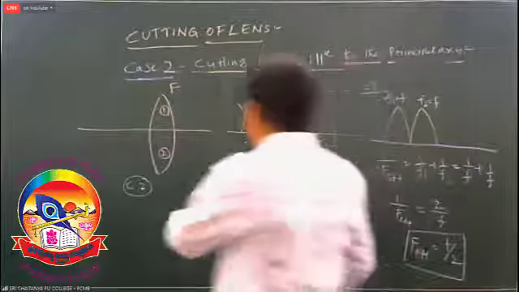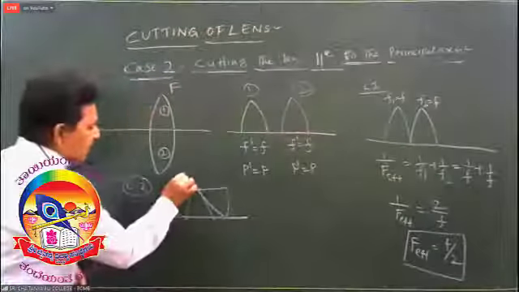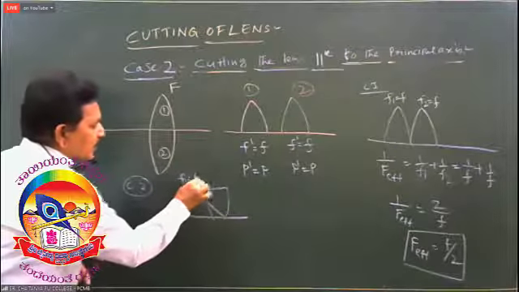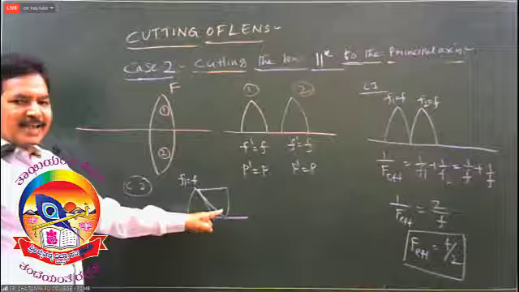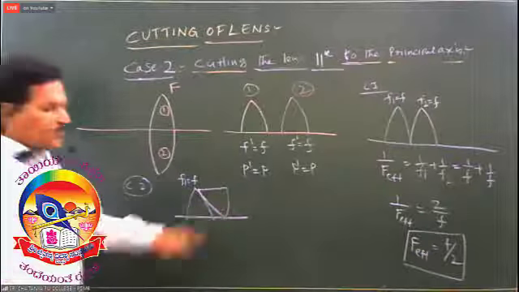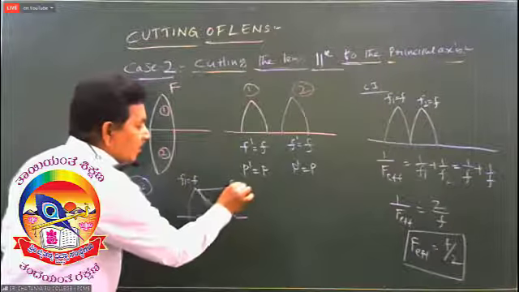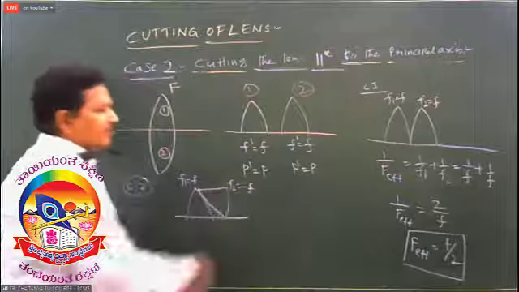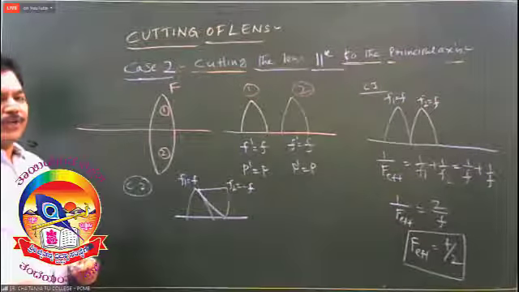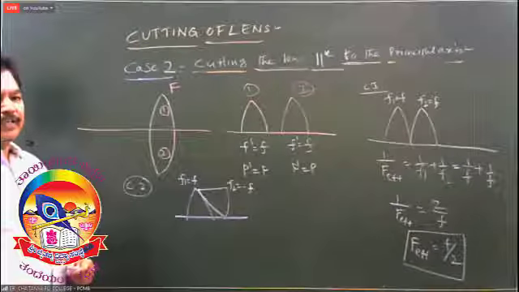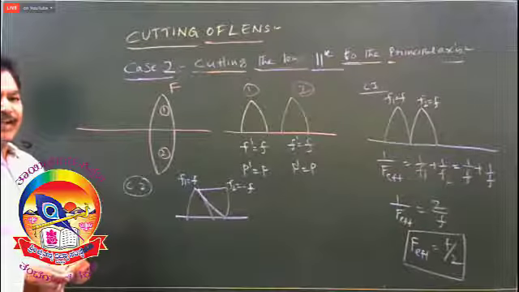So this first one will act as a convex lens, so f1 is equal to f. This one will act as a concave lens, so f2 is equal to minus f. Because for a convex lens, the focal length is positive. For a concave lens, the focal length is negative.